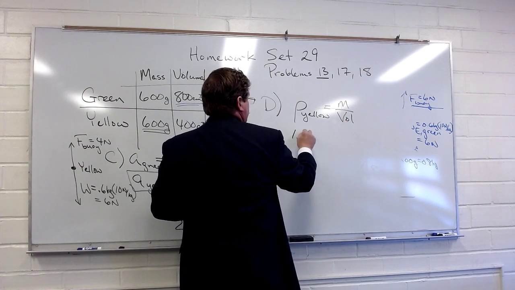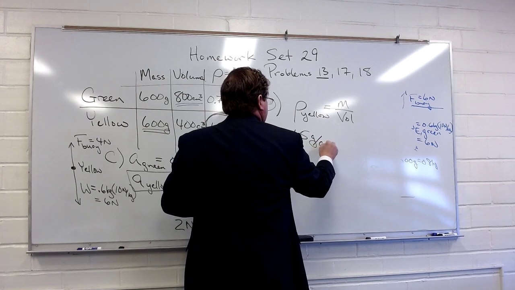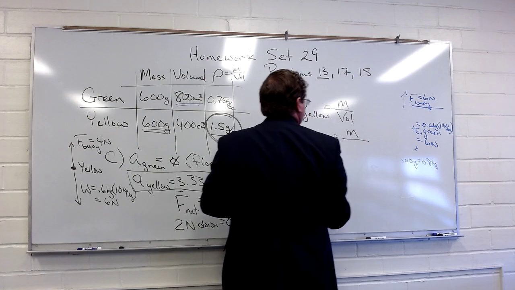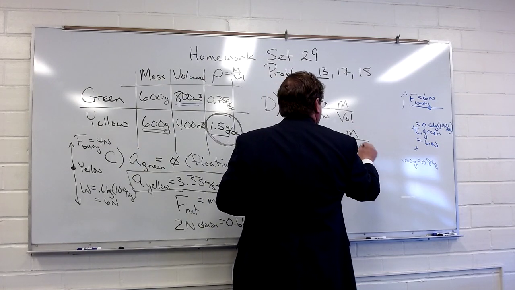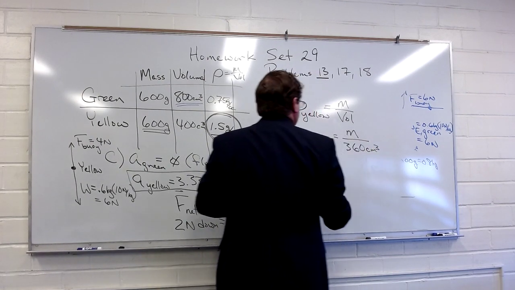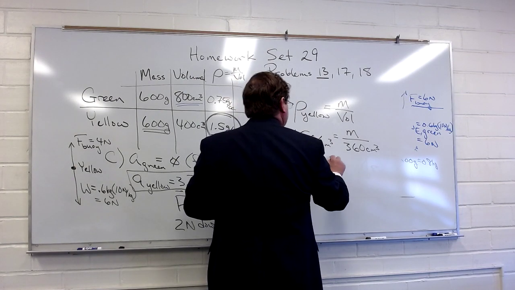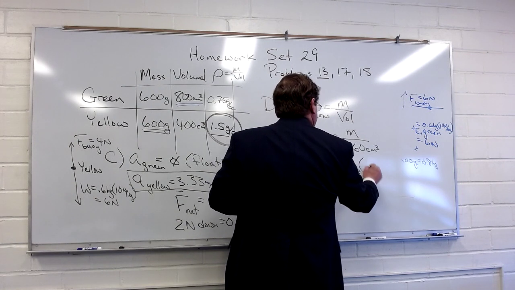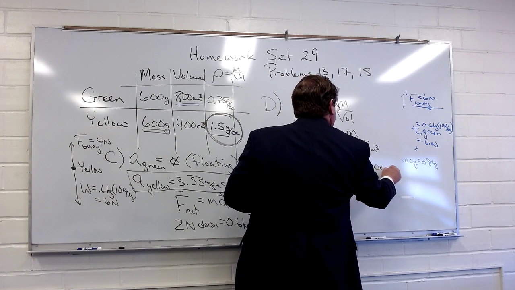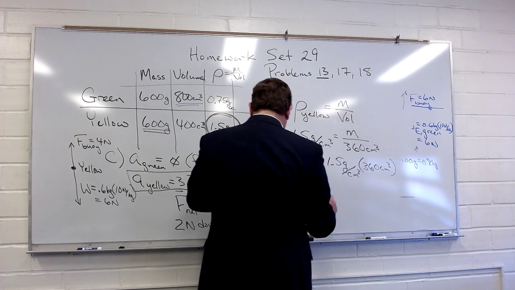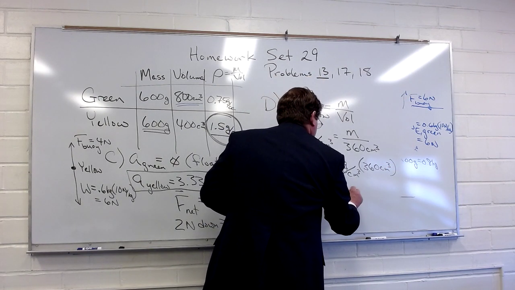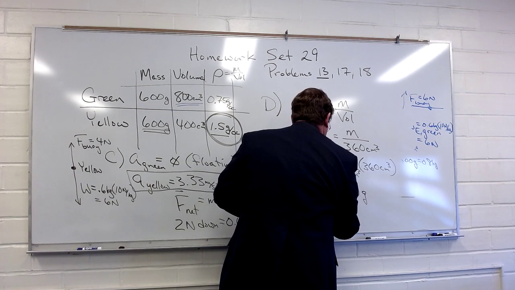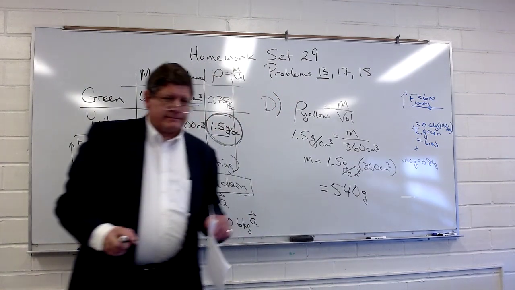If this is 1.5 grams per centimeter cubed, and we want to find the mass if its volume is 360 centimeters cubed, well, that mass is just going to be 1.5 grams for each centimeter cubed, and I've got 360 of them, and that's going to give me a mass of 540 grams for the crown.